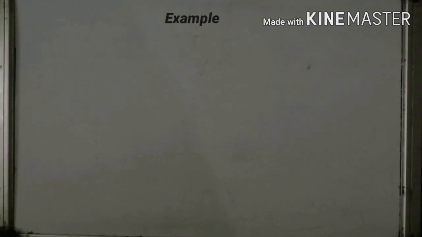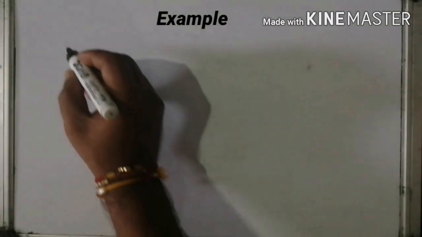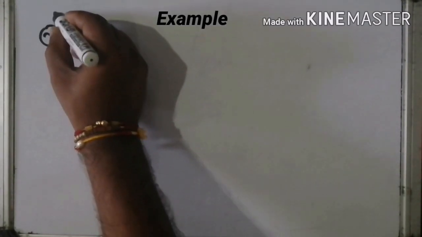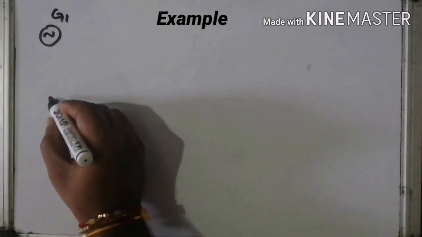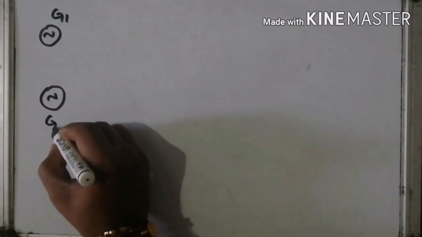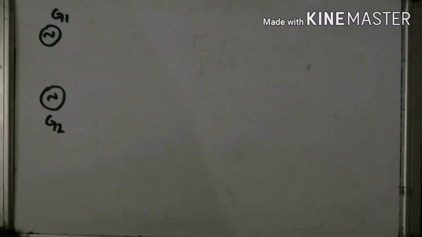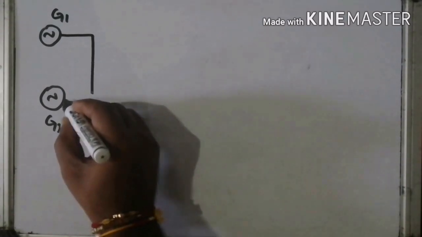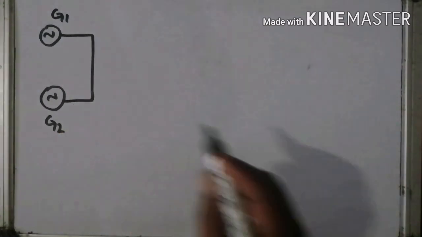Now see the question based on three phase fault. This one is the generator G1. This one is another generator G2. These two are running in parallel, right?